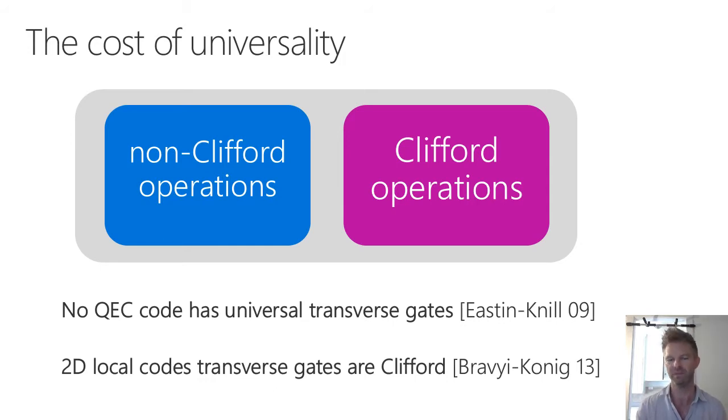This tells us that any quantum computer based on any specific code will have some transversal gates which are not enough, and in order to build a full fault-tolerant quantum computer, we'll have to have some other gates which are not transversal. So we know that the gates have to be somehow split up, in a very general setting, into two types at least.